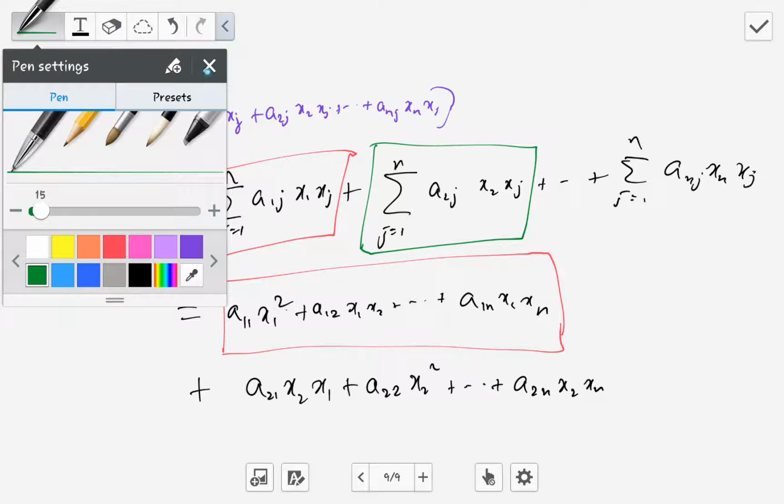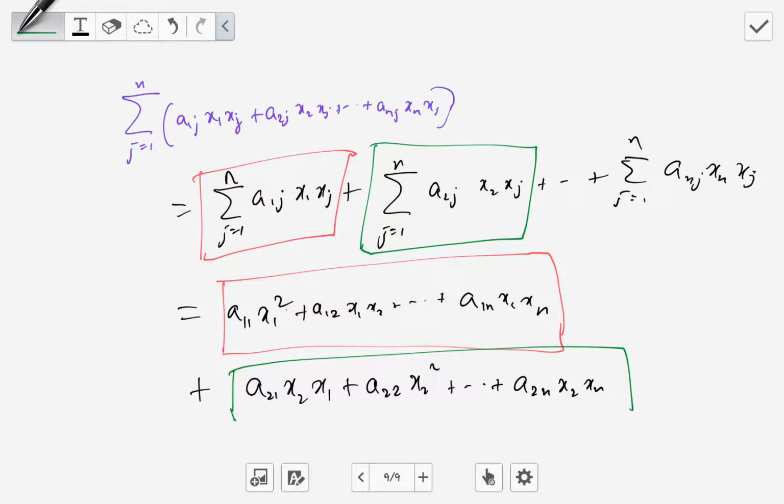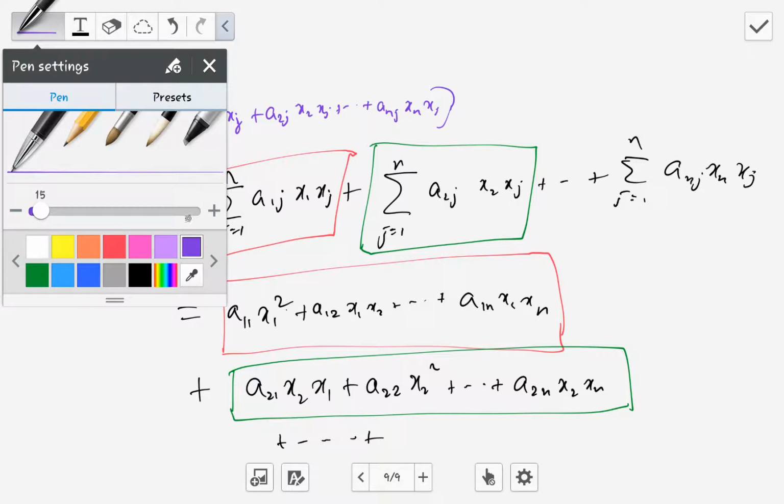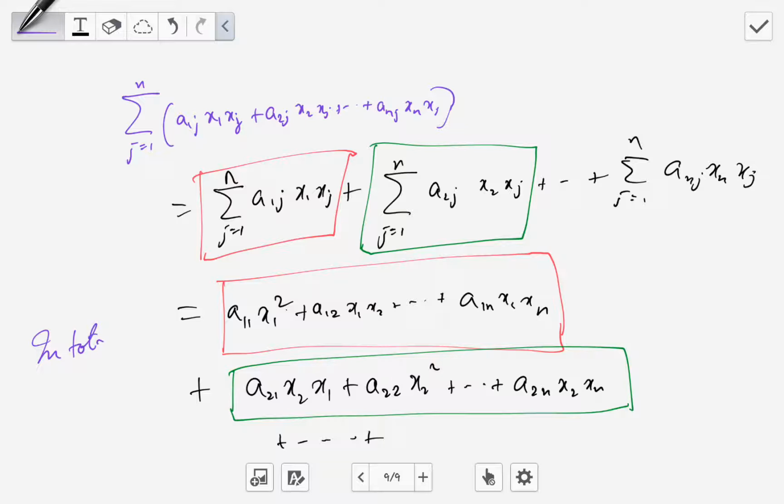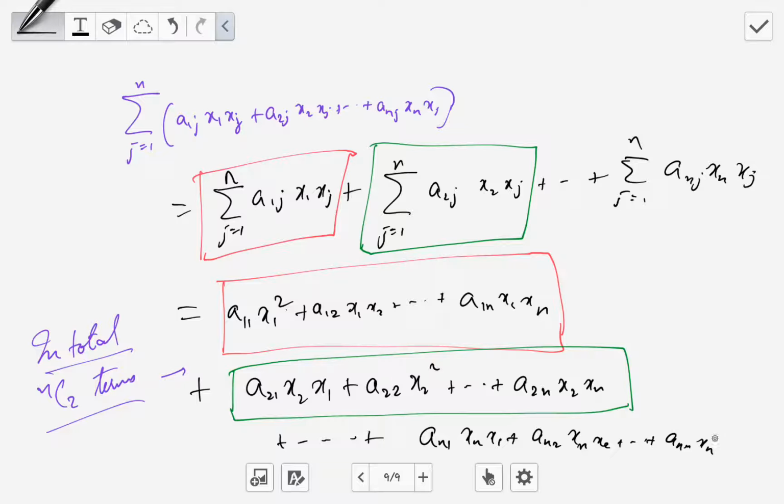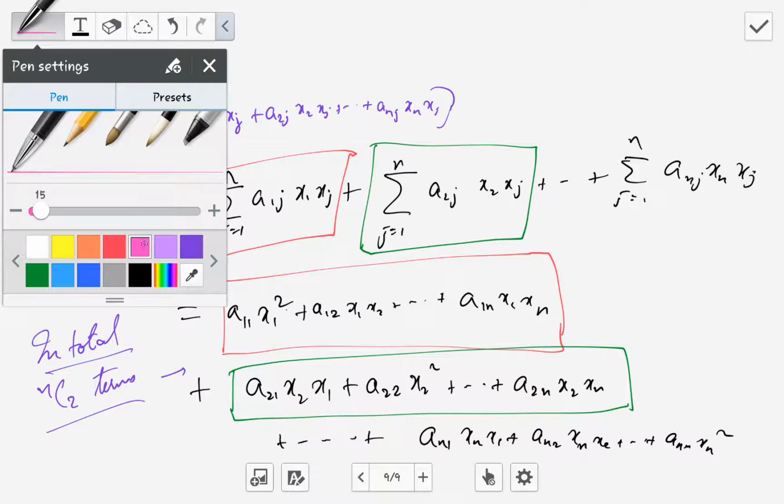This is the second one. Do you see that? And so on. So this will have all possible nC2 terms in total. This goes on. The last one, if we want to write for clarity, you can write an1 xn x1 plus an2 xn x2 plus so on up to ann xn squared. So this is the last one.